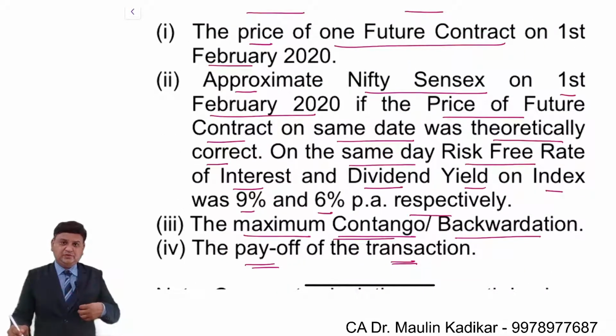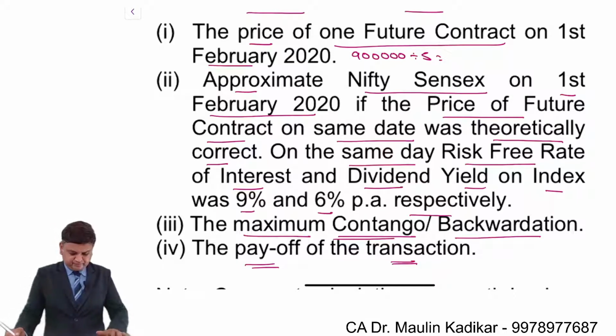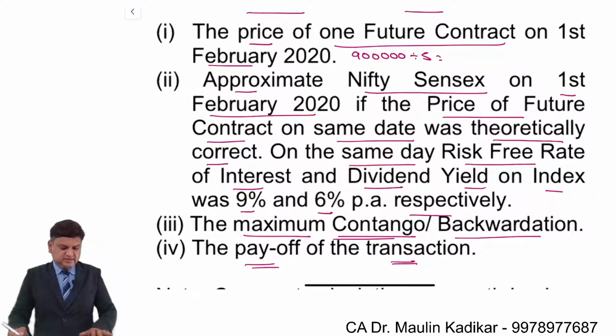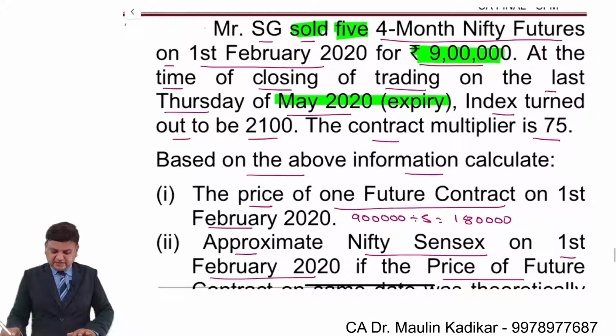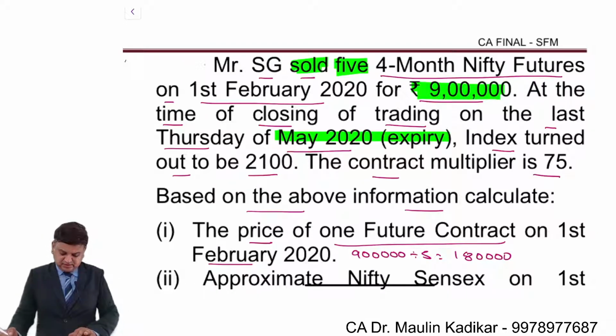Let me explain you first of all. 9 lakhs upon 5, that comes to 1,80,000. We understand that the price of one futures contract will be 1,80,000. That is simple answer.